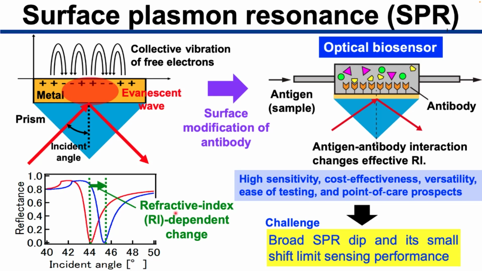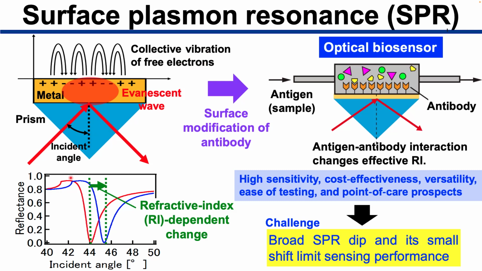In SPR, when a monochromatic laser light is incident into the glass prism covered with a metal thin film at the total reflection angle, the induced evanescent wave is coupled with a collective vibration of free electron, namely its surface plasmon. This results in conversion of light energy into the surface plasmon energy.